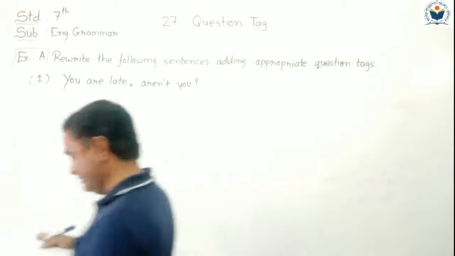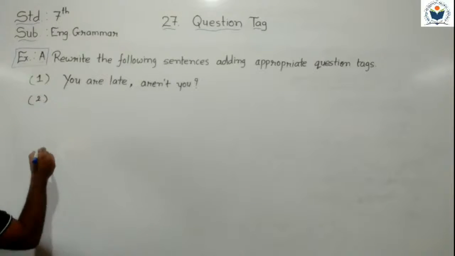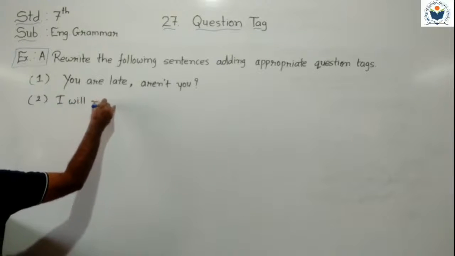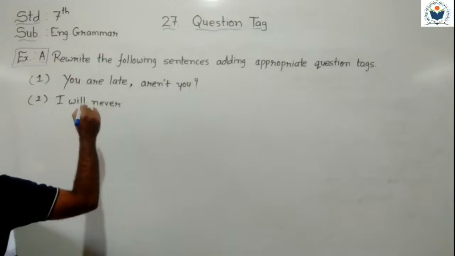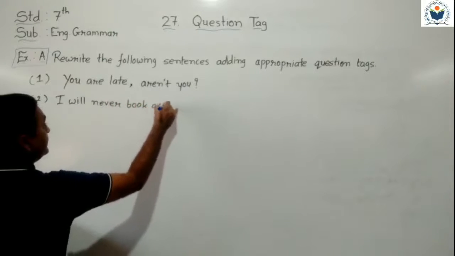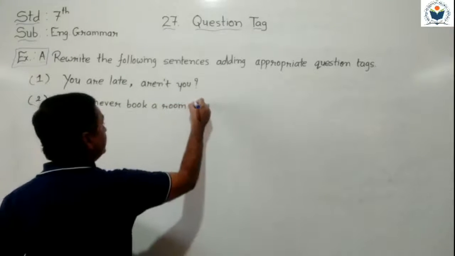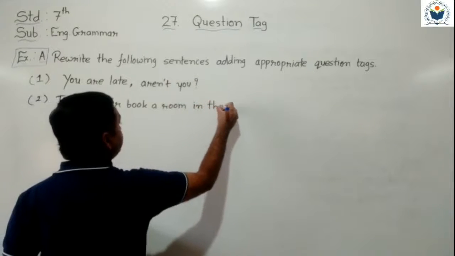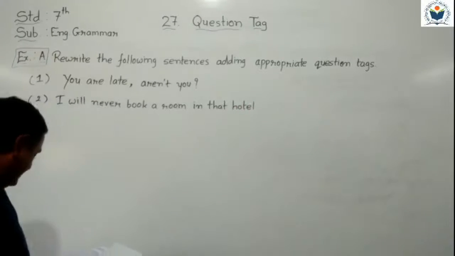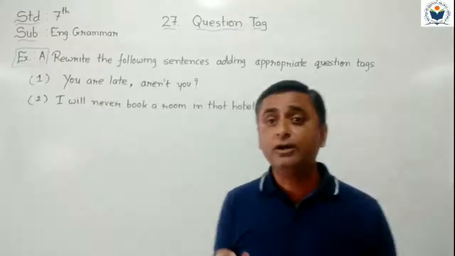Second sentence. Now we have to understand the second sentence. I will never book a room in that hotel. Now what do you have to write?